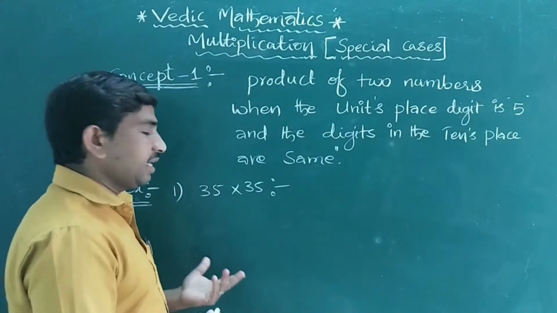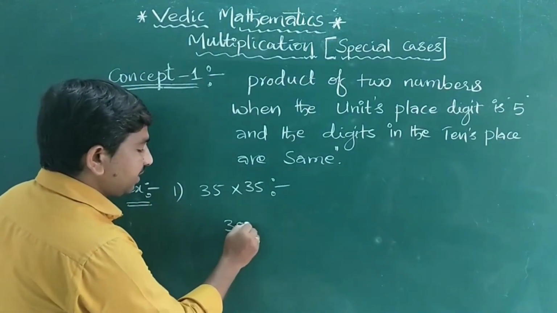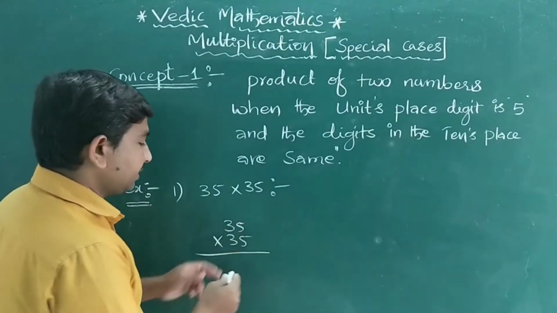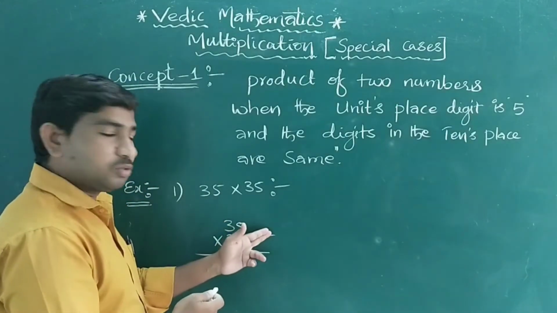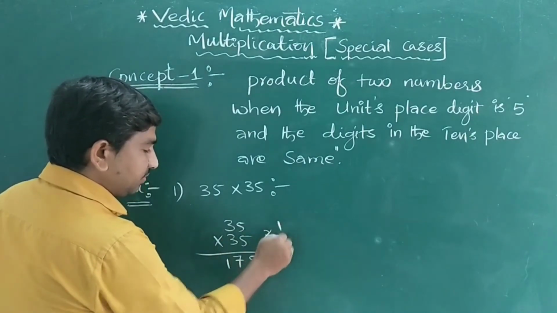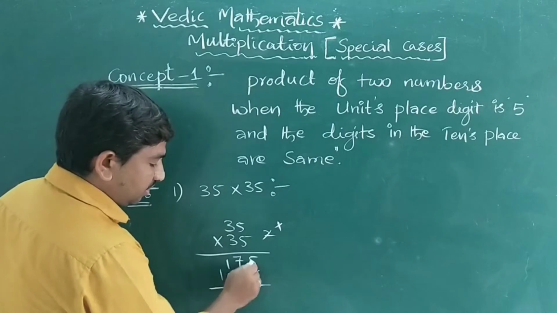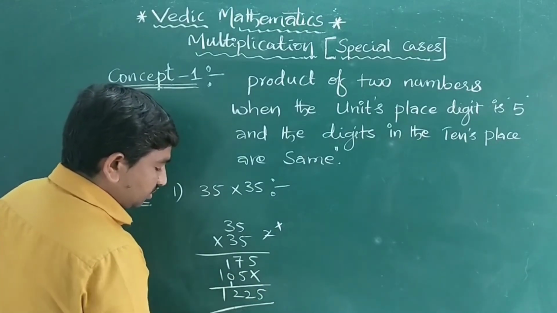In our traditional method, 35 into 35: 5 5s are 25, and 5 3s are 15 plus 2 carried gives 17. Next, 3 5s are 15 and 3 3s are 9, that is 24, plus 1 gives 25.